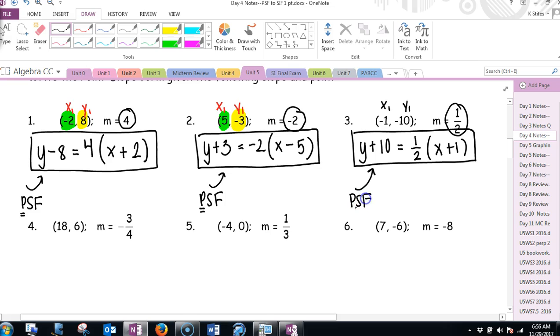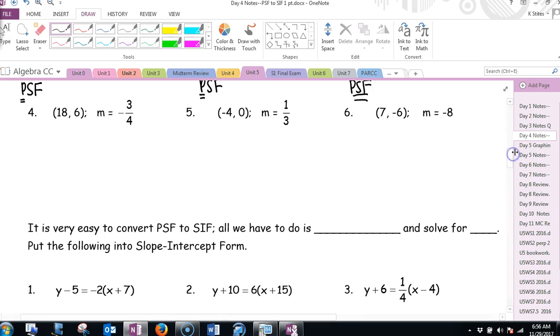Again, that's PSF, point-slope form. P for parentheses. Okay. Alright. Y, opposite of our y-coordinate, -6, equals slope. Notice the slope stays the same, parentheses, x, opposite of your x-coordinate.